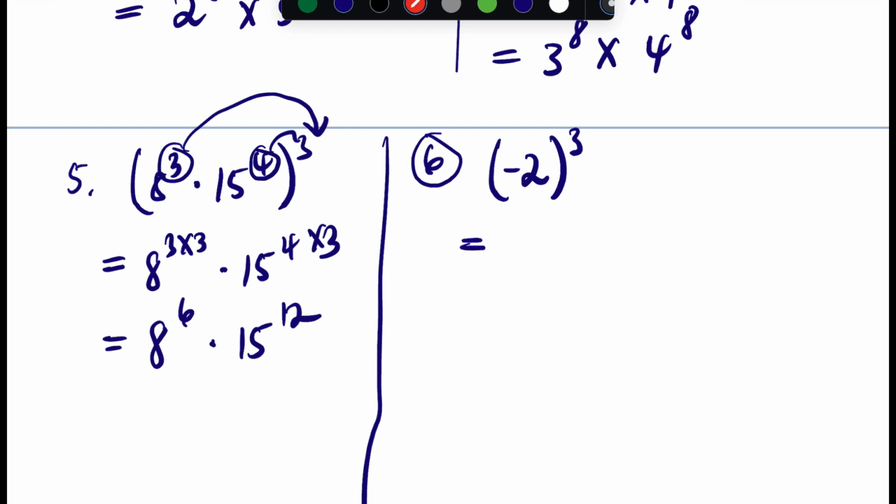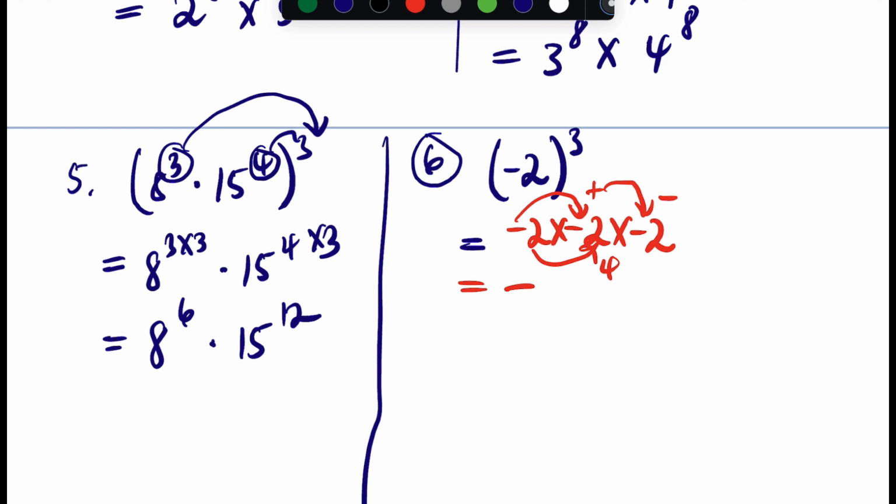When we look at it in a long way, what is inside the bracket repeats itself 3 times, it multiplies itself 3 times. So this is negative 2 times negative 2 times negative 2. So negative times negative, it's positive. Positive times negative, it's negative. So the answer is negative. And then 2 times 2, it's 4. Times 2, it's 8. So that's the long way.